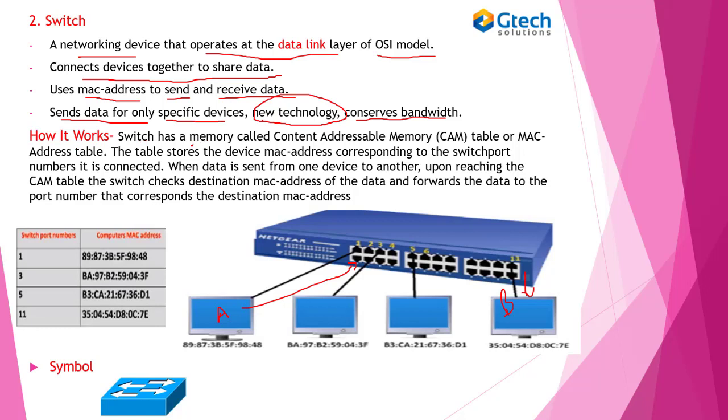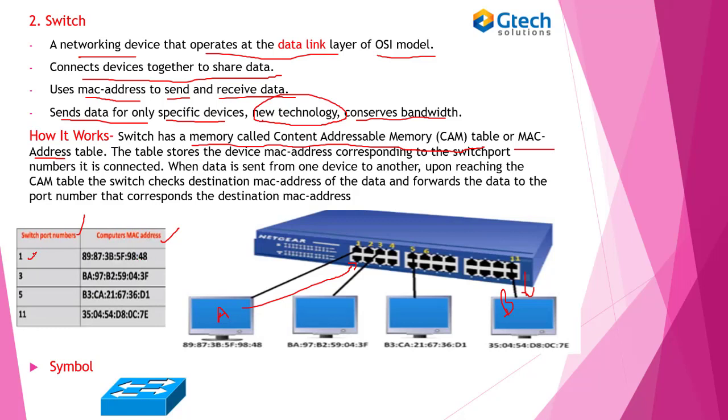Now let's describe how a switch works. A switch has a memory called its content addressable memory table, or MAC address table. This table consists of port numbers and the devices' MAC addresses. For every device that is connected to a switch, the CAM table will place its port number under switch port numbers, along with the respective device MAC address.